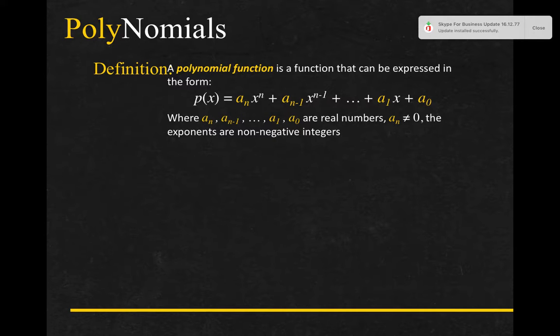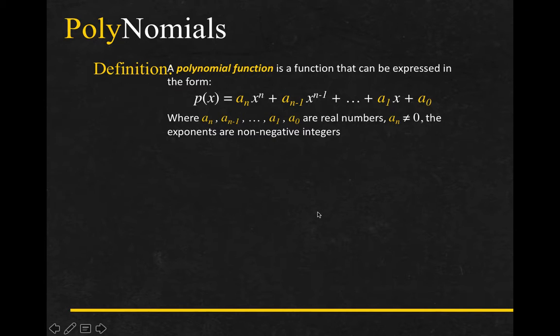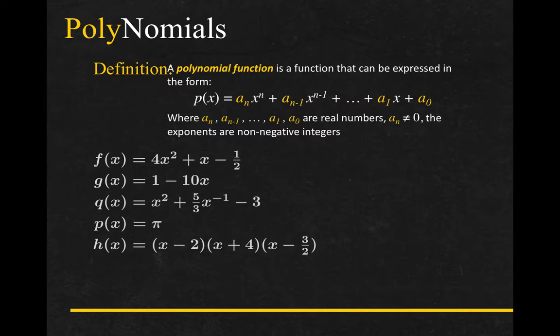We're going to see some examples, and then you'll see the difference between a polynomial and a non-polynomial. As you can see, f of x, g of x, p of x, q of x, and h of x can all be represented by y.